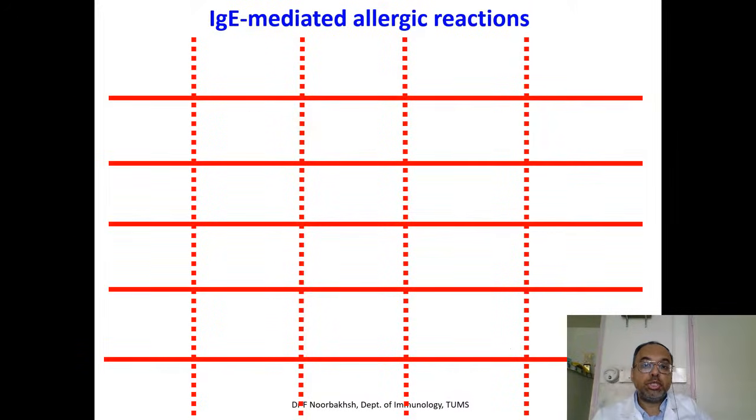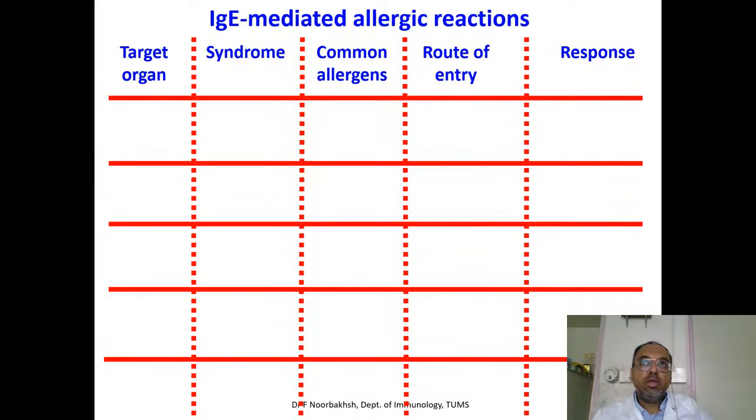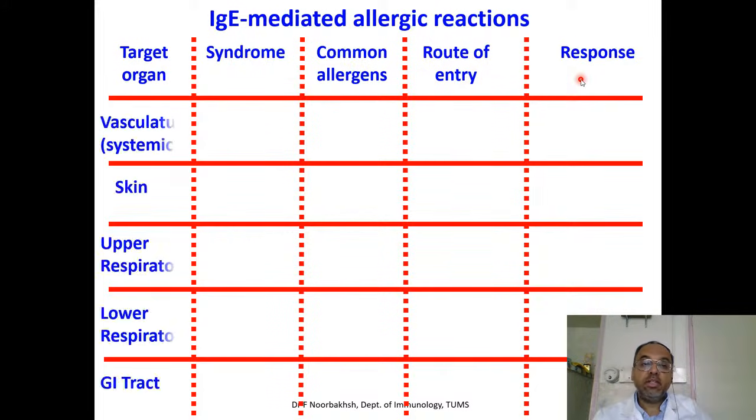So, considering that we have an increase in blood flow, an increase in permeability, and smooth muscle contraction, we have different manifestations. So here I have a table that I want to show you how immediate type hypersensitivity, or type 1 hypersensitivity, manifests at the clinical level. Here I have the target organ, the name of the process, the allergens which cause hypersensitivity, how that allergen enters the body, and what we see at the clinical level.